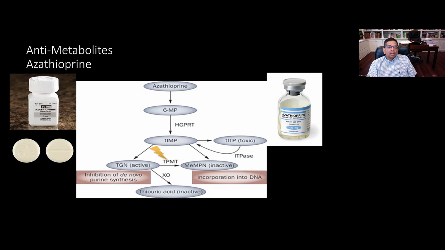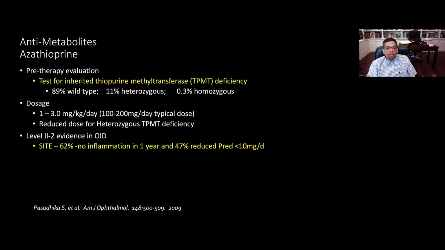Imuran inhibits de novo purine synthesis by again affecting the thiopurine methyltransferase enzyme. When you use this medication, you incorporate abnormal purine analogs into the DNA that results in stopping of DNA replication, and subsequently cell division is stopped.